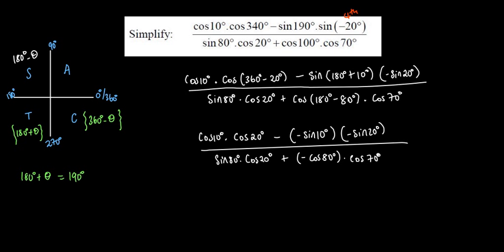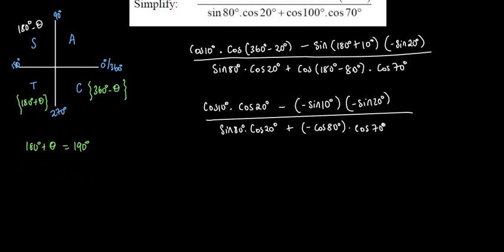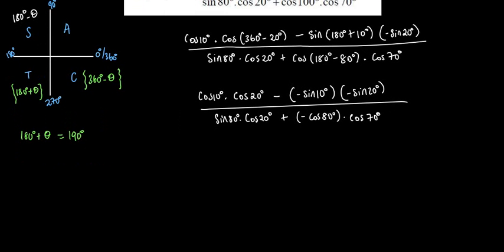The rest is a bit of simplification in terms of the signs, right? So we have cos 10 degrees, cos 20 degrees, now minus negative times negative gives us positive, right? So we have positive sine 10 degrees multiplied by sine 20 degrees.